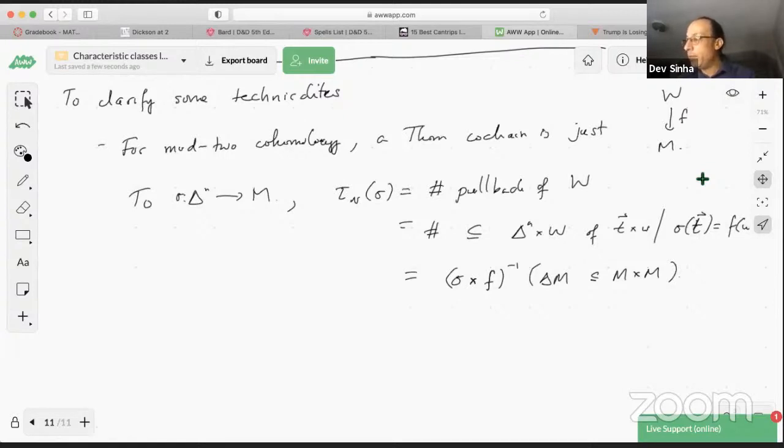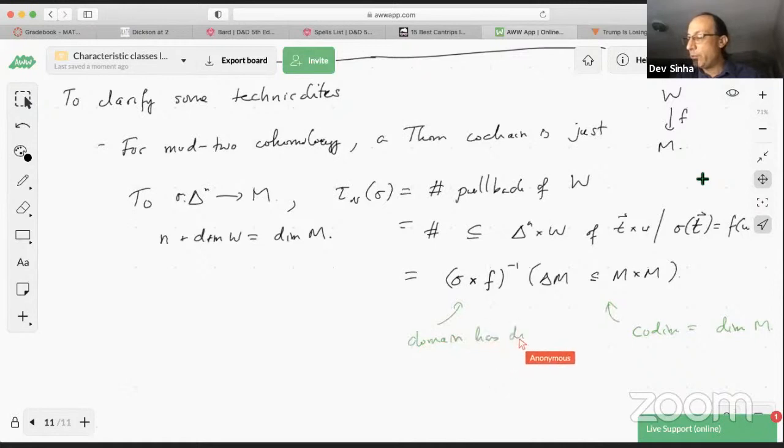And of course this only makes sense with n plus the dimension of W equals the dimension of M. Here, if you keep track a little bit, this is the codimension, the same as the dimension of M, but sigma cross f, its domain, has dimension n plus the dimension of W, which is the dimension of M.